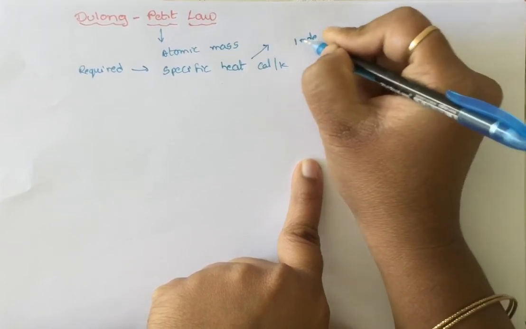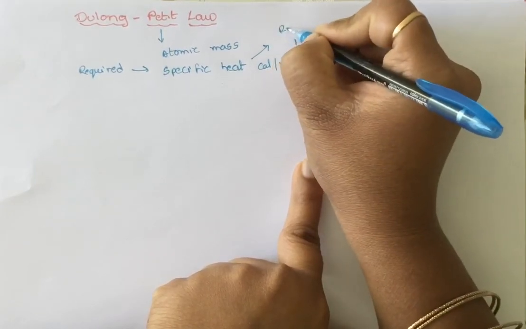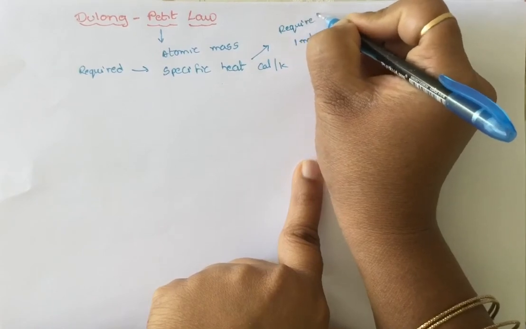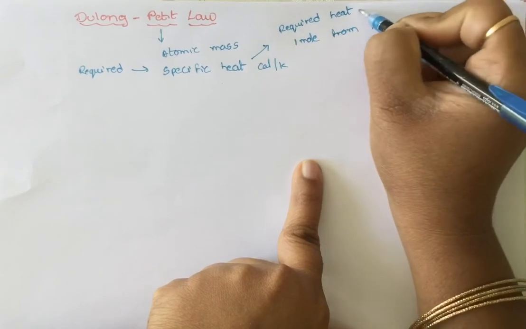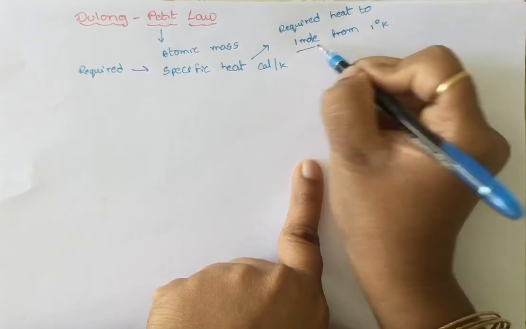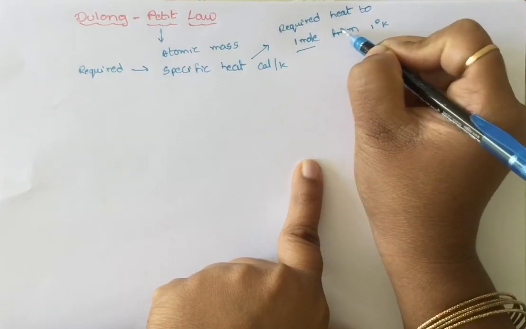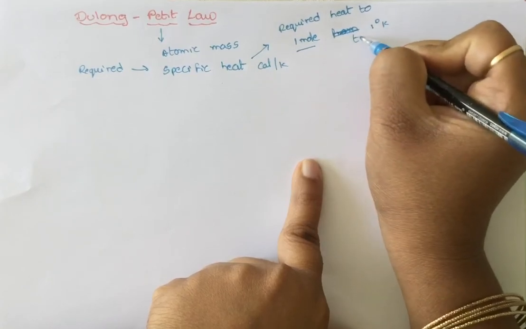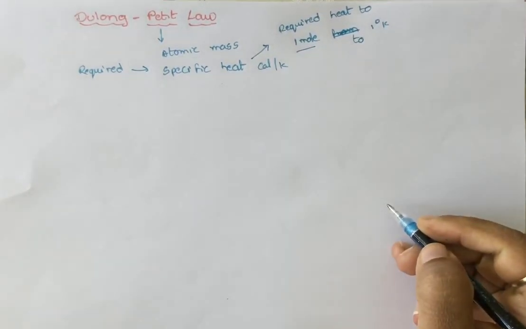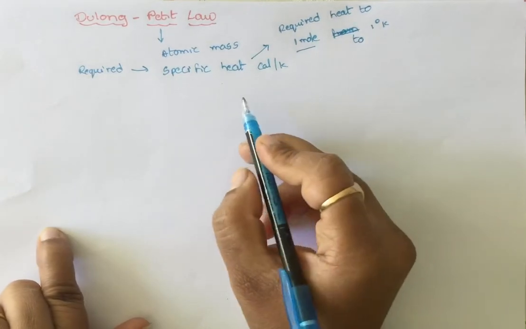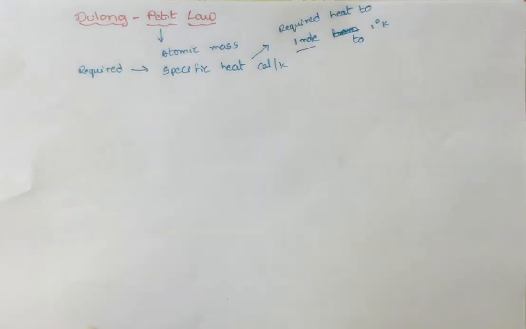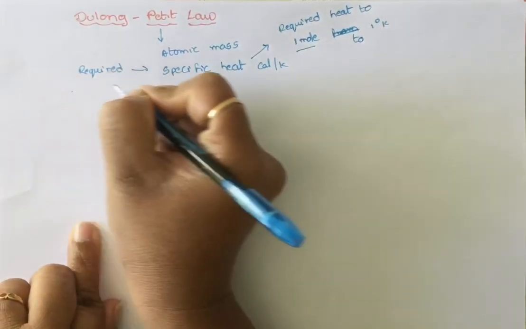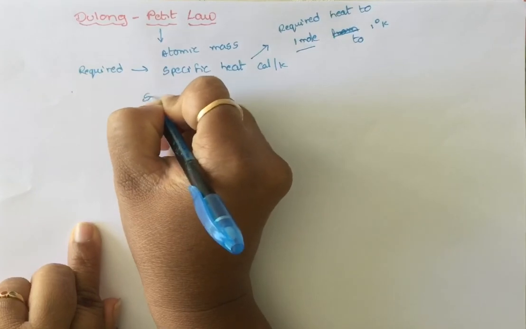If we know the specific heat of any substance in terms of calories, then we can calculate its atomic mass by using a simple formula. Let's see what the formula is.